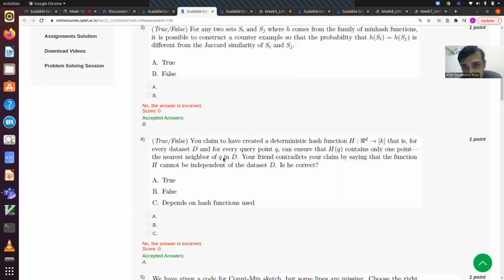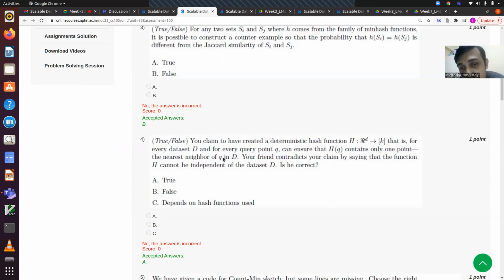Okay, hash function fixed, query Q fixed, and P, because the hash function only maps it to one point, is also fixed. And it's a deterministic hash function, so it will always map Q to P. Now in this dataset D, P is the nearest neighbor of Q. That is given.